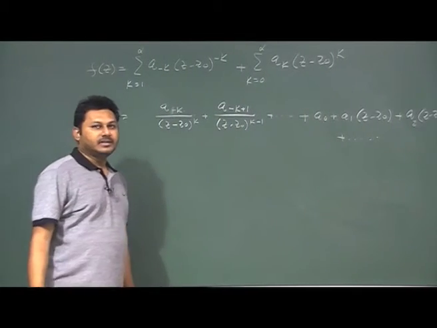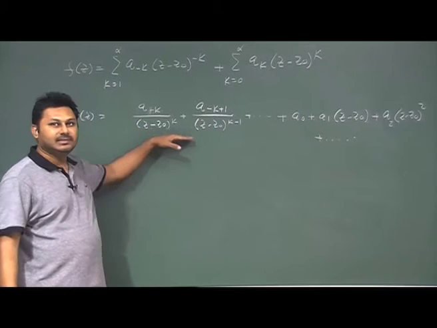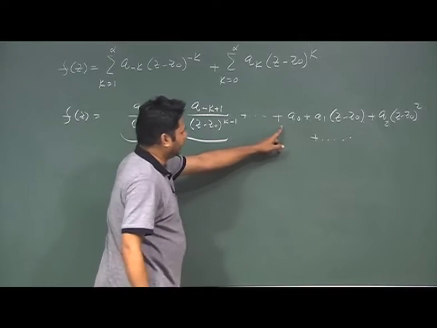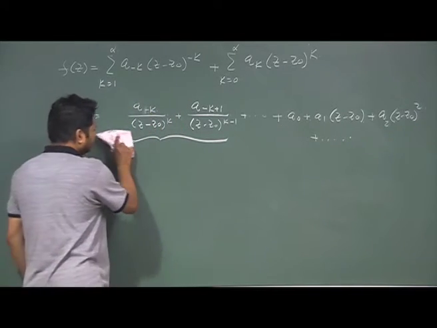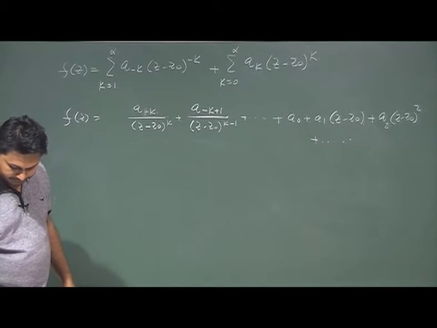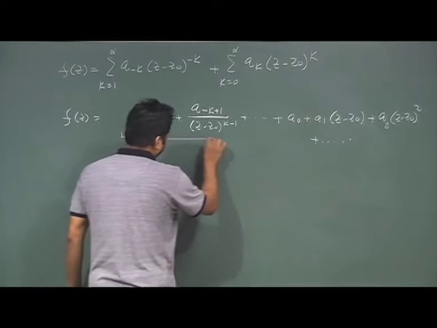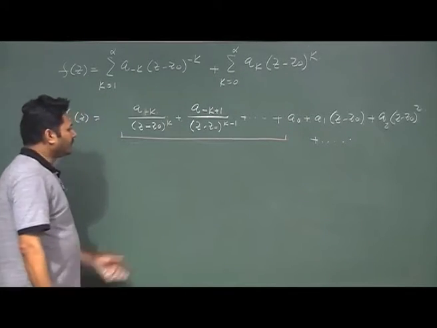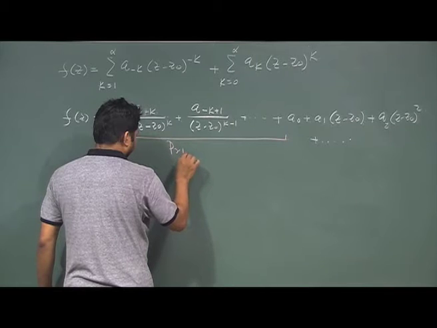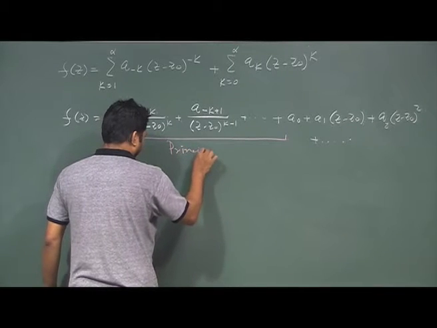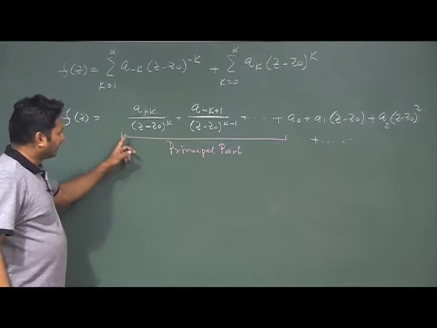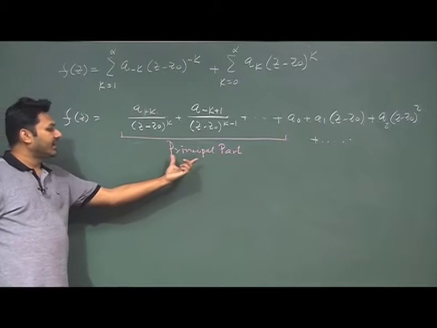So, here we have a series in which, up to here, I have a few terms which are the principal part. I have terms up to k in the principal part.